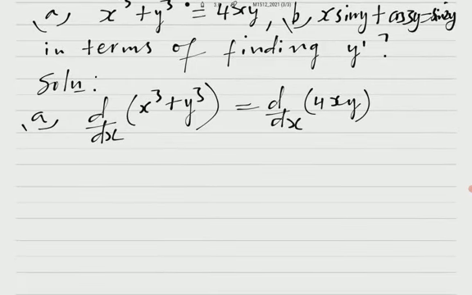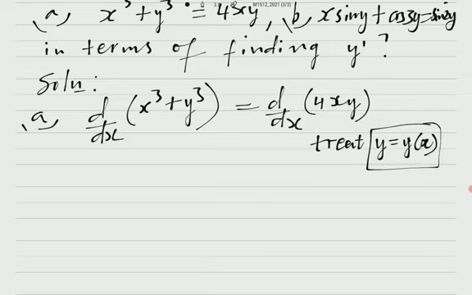So the trick here is to treat y as a function of x. Treat y as a function of x. Every time you differentiate y, remember it depends on x. Okay. And then remember chain rule.